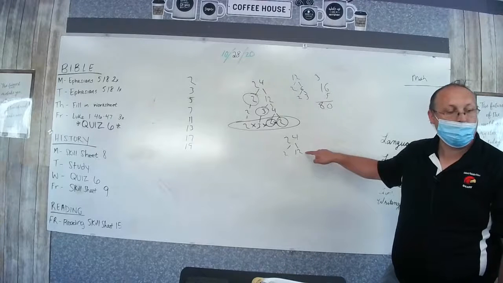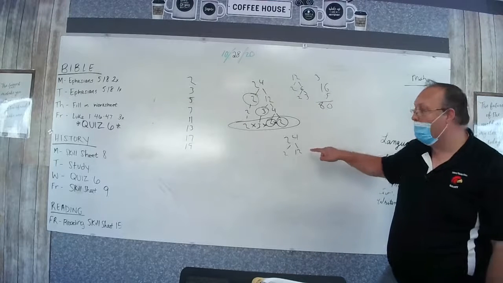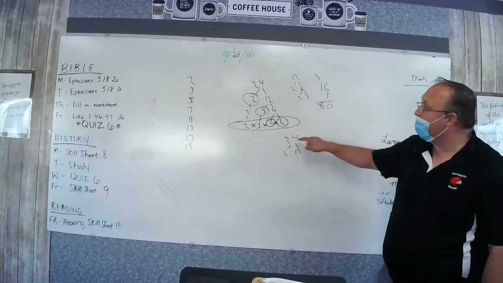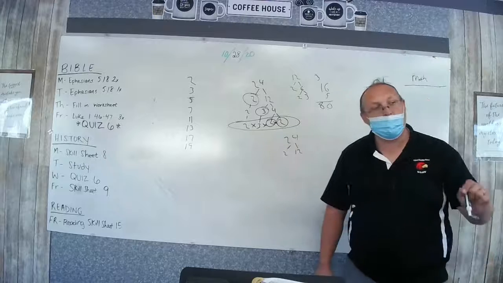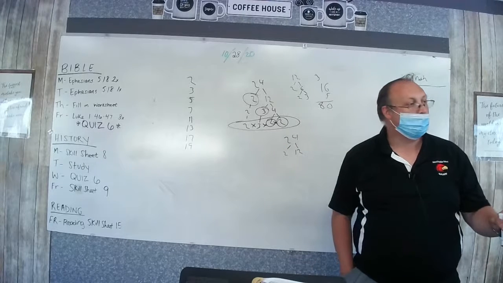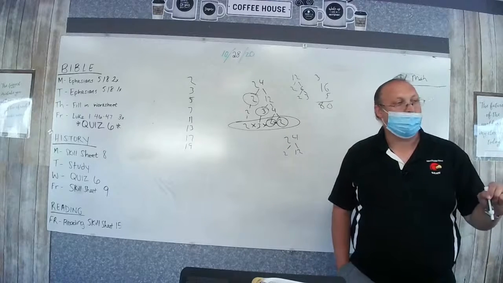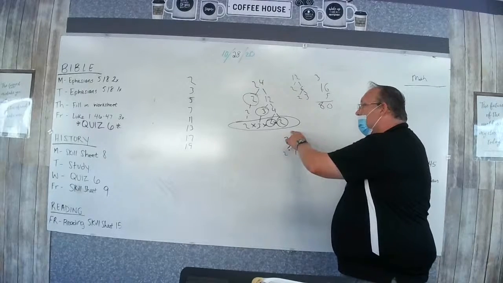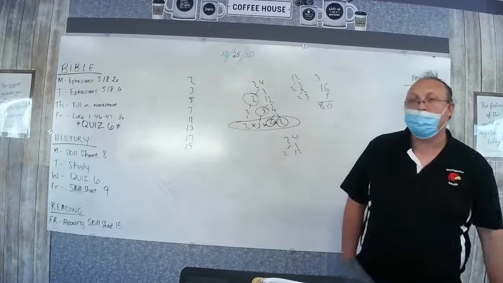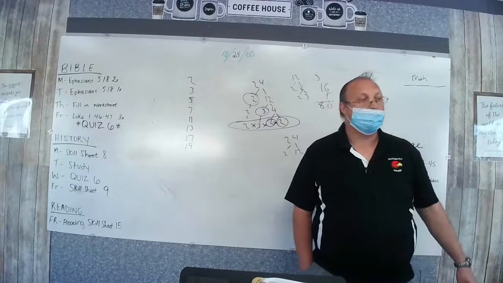All right? When we're doing prime factorization, every single one of these numbers in the bottom has got to be a prime number or you're not done with the problem yet. Do you guys understand that? All these numbers have to be what? Prime. If they're not prime, what do you need to do?